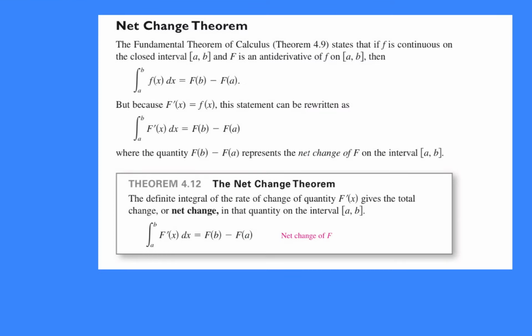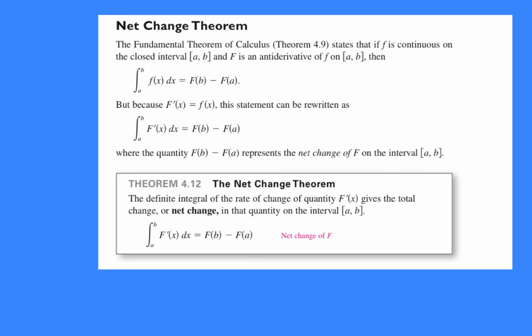There is something else, that is the net change. The net change is a corollary of the first fundamental theorem of calculus. The first fundamental theorem of calculus says that the area under the derivative of capital F, the area, is F of b minus F of a. We already saw that. Because capital F is the antiderivative of little f, F prime of x is f of x.